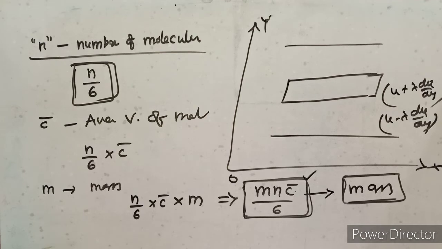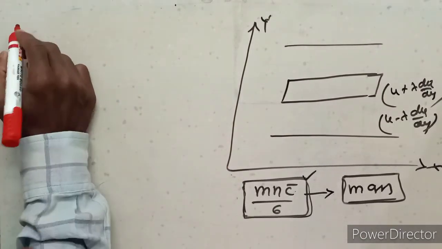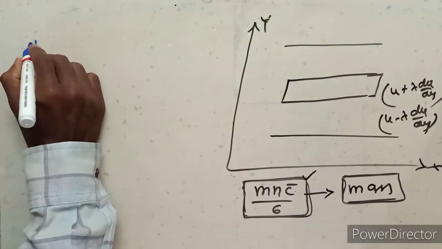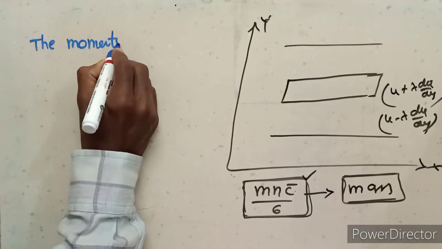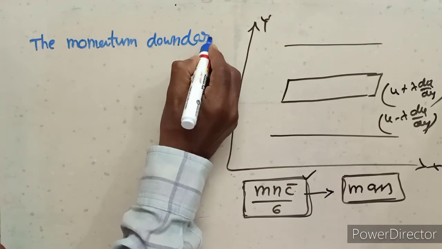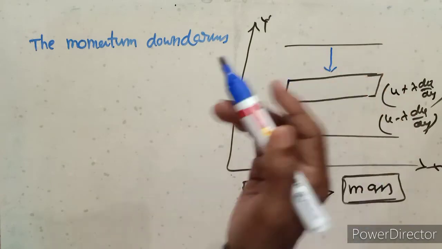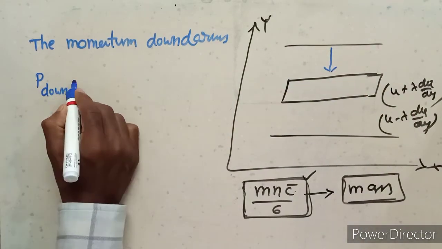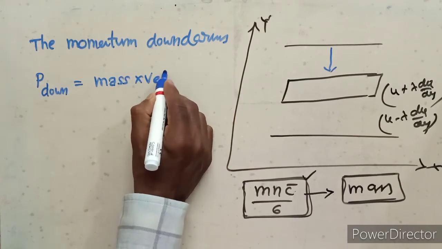The momentum in the downwards direction is P downwards, mass into velocity.